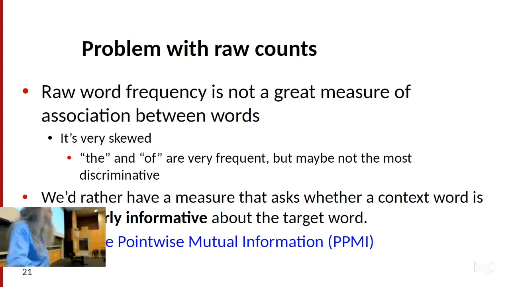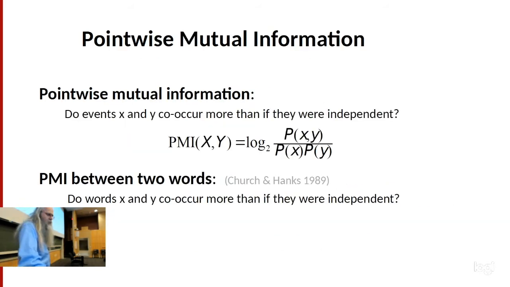We can do that with a thing called positive pointwise mutual information, PPMI. Often we just call it PMI, and we don't talk about the positive part because it's always positive, and I'll explain why we care about that. Here's the formula for pointwise mutual information.